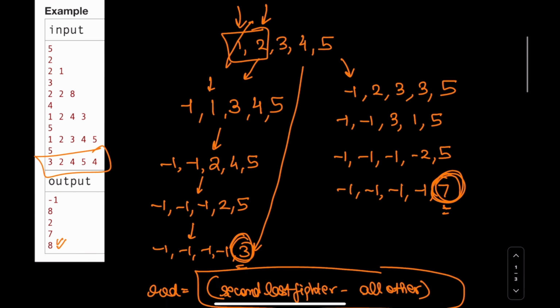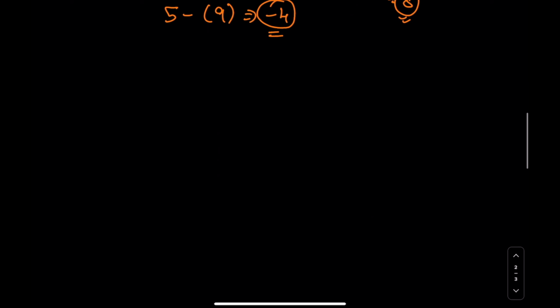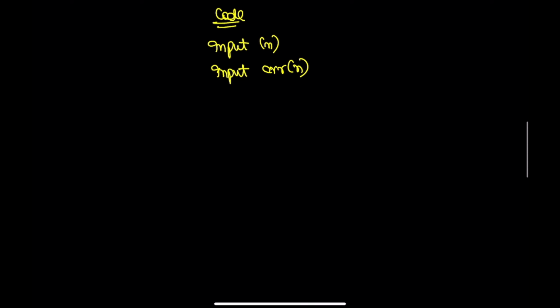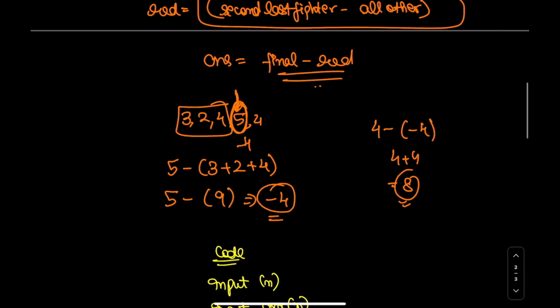So that's all we need to do in this code. Let's write a little bit of code here. We'll have an input n, and we'll take the input array arr of n. Then we will have a variable for the reduction that has an initial value of the n-2 element. This is the last element, n-1, so this is the n-2th element.